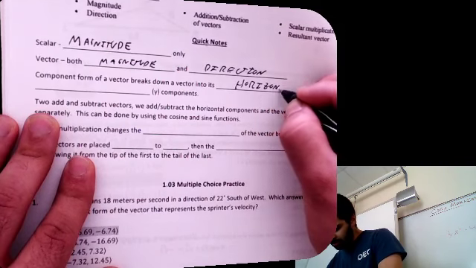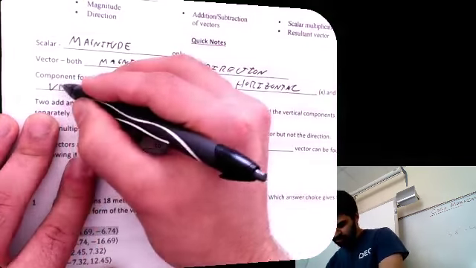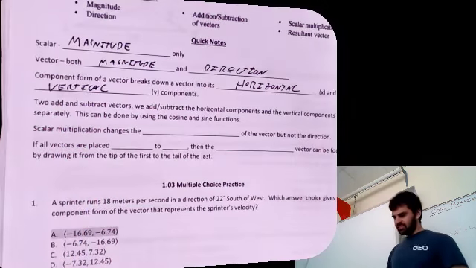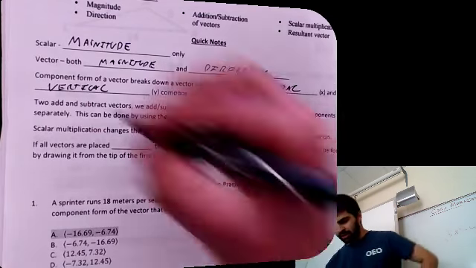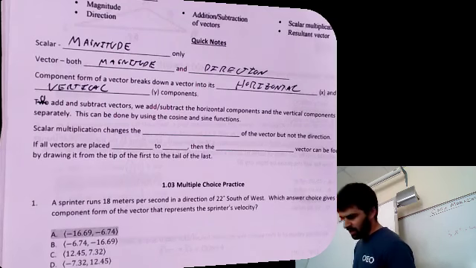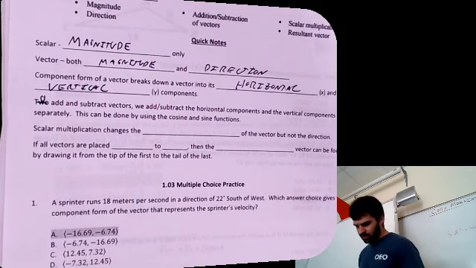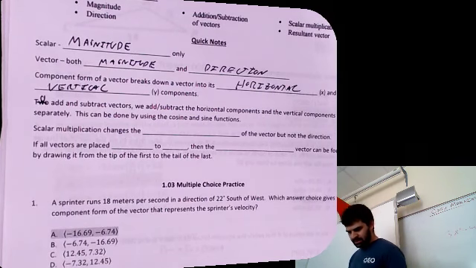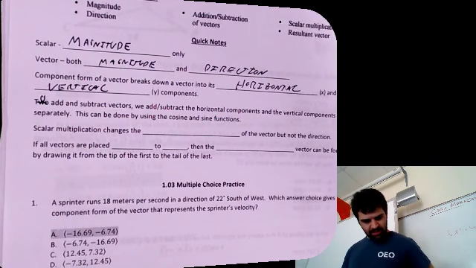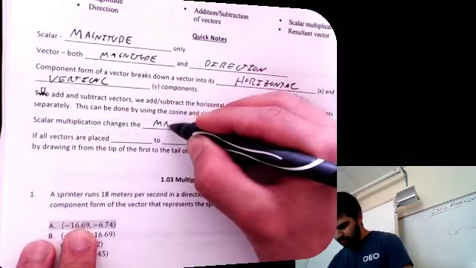Horizontal is the x component, vertical is the y component. To add and subtract vectors, we add and subtract the horizontal components and the vertical components. This can be done using the cosine and sine functions. Scalar multiplication changes the magnitude.